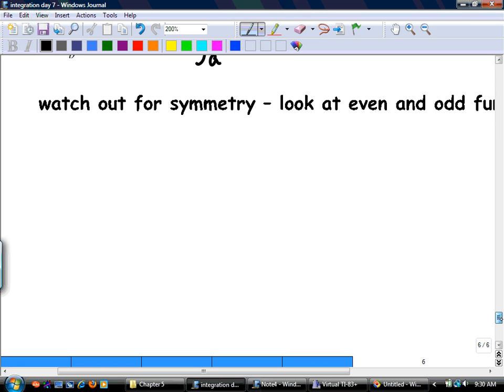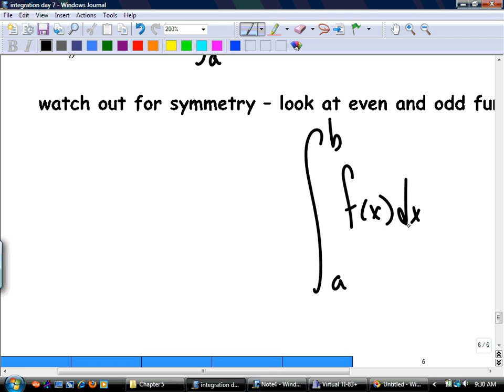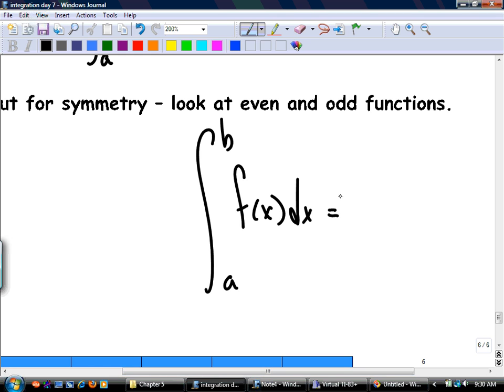Okay, the last thing that I want to make sure that we know is the link that the area from A to B of f of x dx can be found using F of b minus F of a. But where does this all come from?